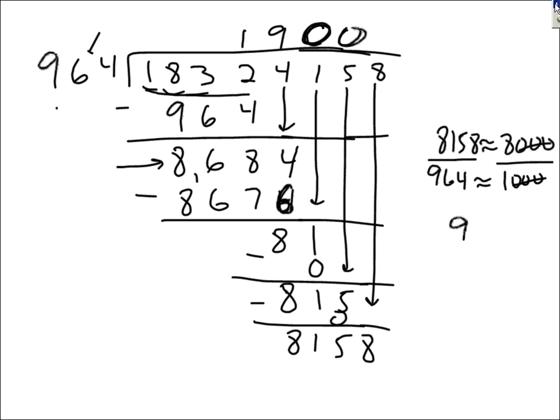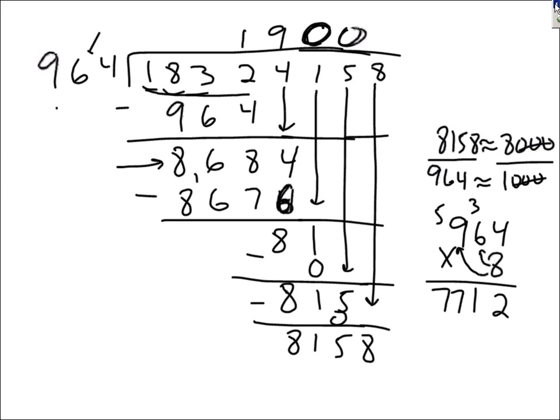I'm going to try 8. It'll either be 8 or 9 or 7. One more than 8, one less than 8. 8 times 4, 32. 8 times 6 is 48, plus 3 is 51. 8 times 9 is 72, plus 5 is 77.